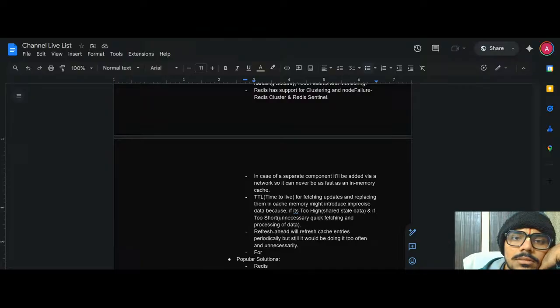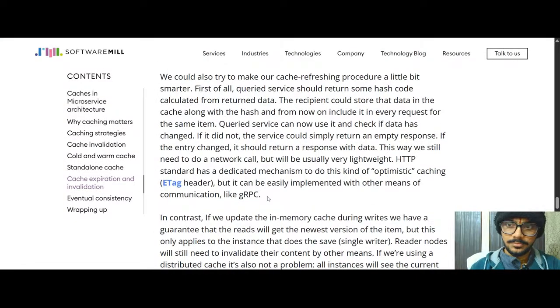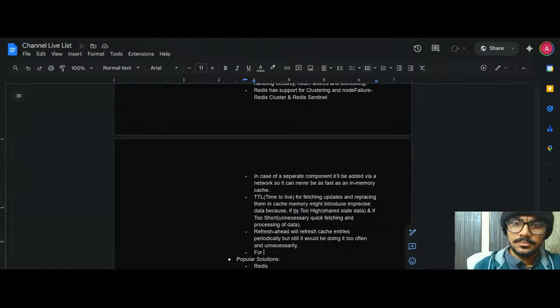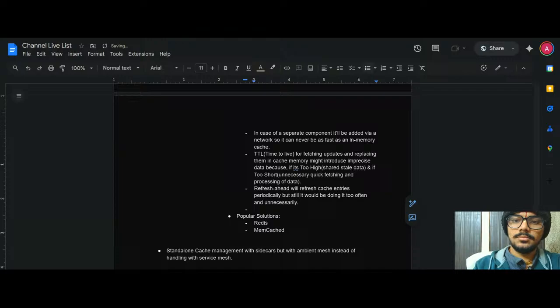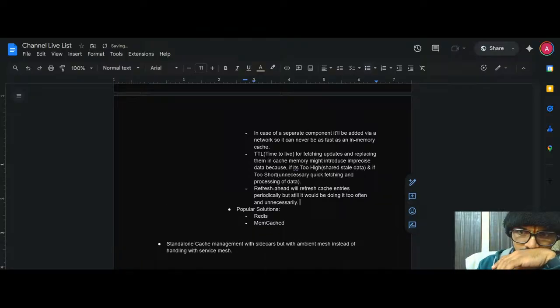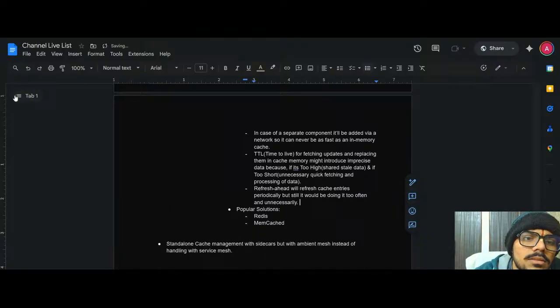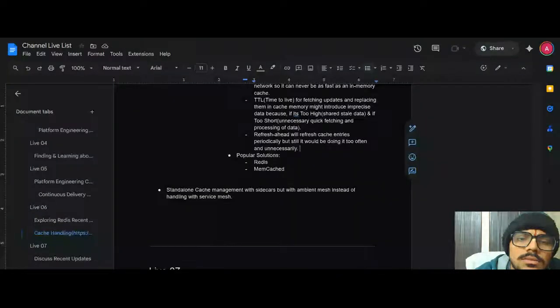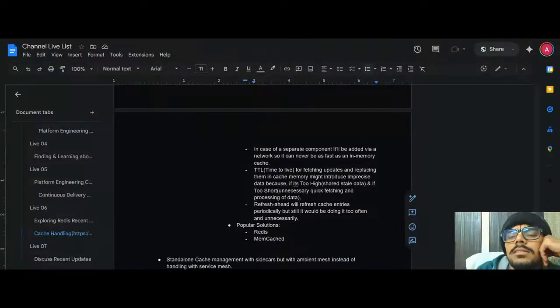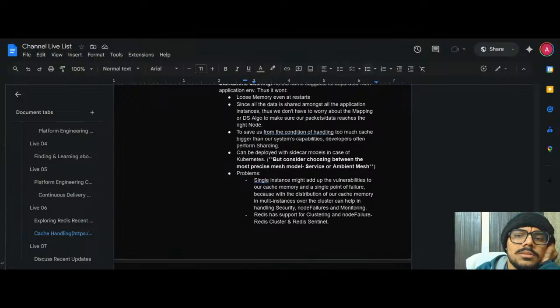E-tag headers, right? TTL and all. These are just kind of problems that you might have seen.